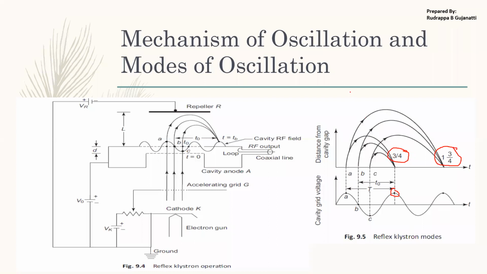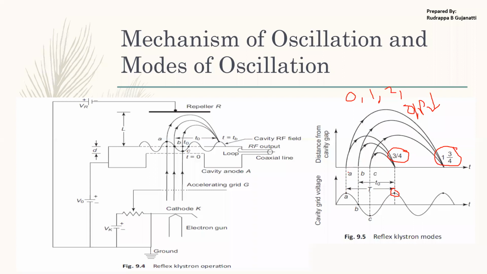As the mode number keeps increasing, say 0, 1, 2, the output power keeps reducing. If you have to analytically realize it, you can see that here.